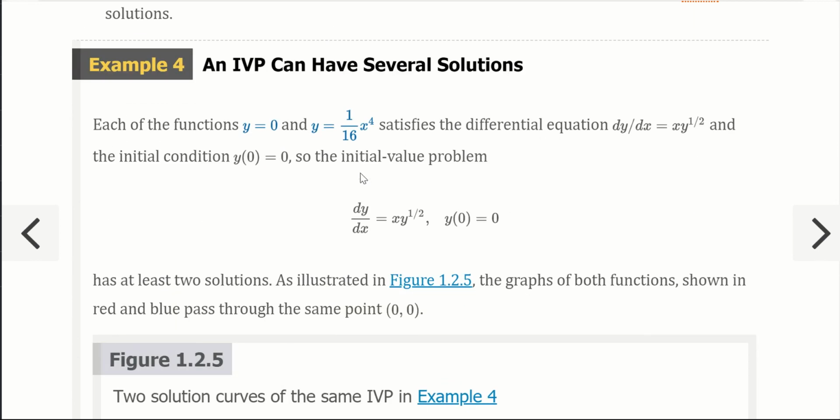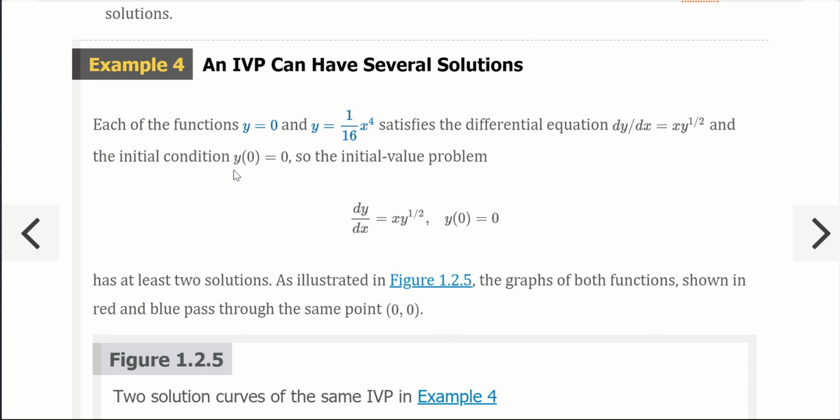As an example to illustrate this, if we had the differential equation dy/dx equals x times y to the 1/2 power, it is the case that y equals 1/16 x to the 4th would satisfy that differential equation, but so too would the constant function y equals 0.